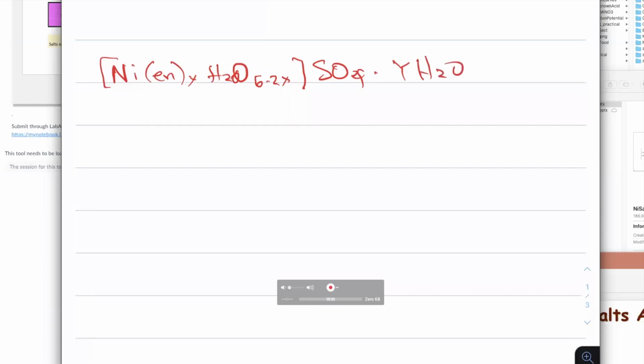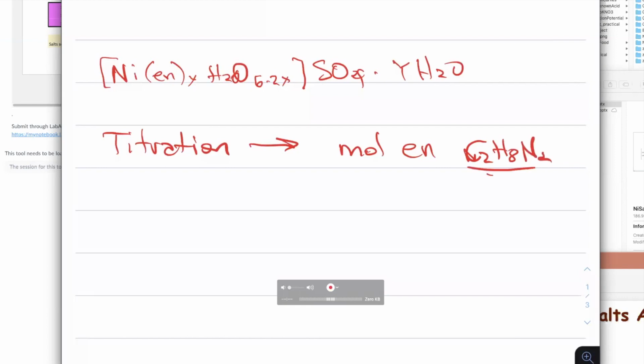Okay, so from the titration, you are going to be able to calculate the moles of ethylenediamine, the moles of C2H8N2. You are going to be able to calculate that.